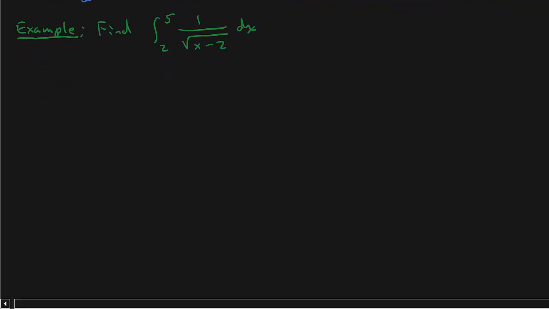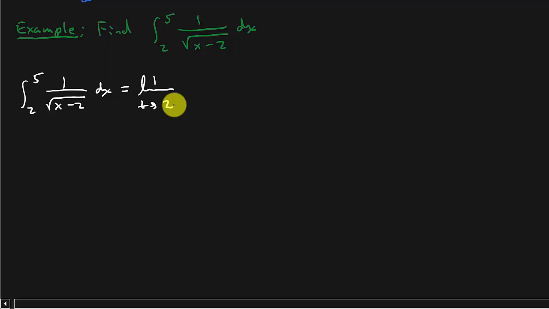All right, so here we go. We're going to do an example of each one of the problems. You can see that this function is discontinuous at 2. You see that? f of x is. So we have the integral from 2 to 5 of 1 over the square root of x minus 2 dx, which is equal to the limit as t approaches 2.